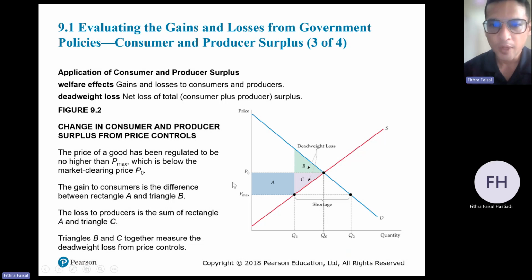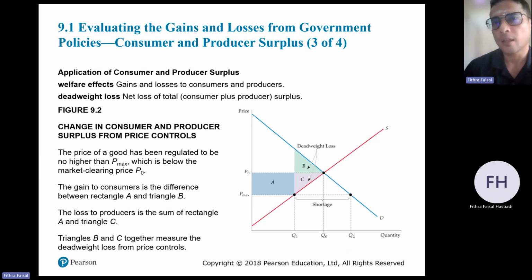Oh, sorry. We have the market price at P0. If you remember the case of CPO, the cooking oil in 2022, the government had this kind of policy. The market price is P0. At that time, the market price was so much higher.